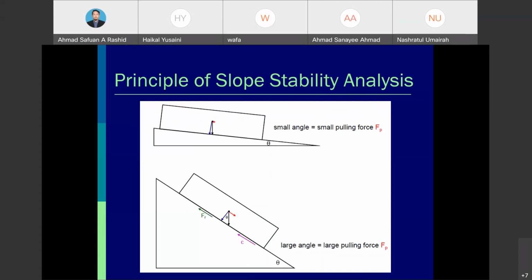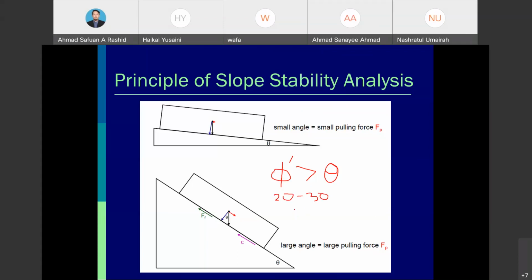As a rule of thumb, you can estimate the stability of the slope if the friction angle of the soil, phi, is greater than the slope gradient, theta. Typically, the soil internal friction angle in effective stress is around 20 to 30 degrees.